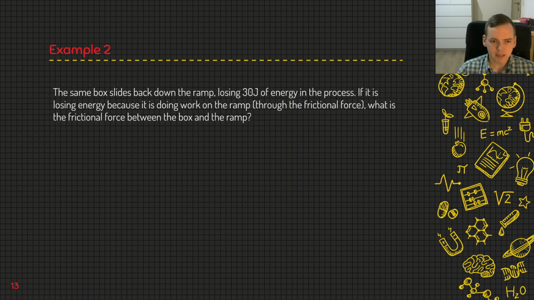The same box slides back down the ramp, losing 30 joules of energy in the process. If it's losing energy because it is doing work on the ramp through the frictional force, what is the frictional force between the box and the ramp? So now we have the box sliding down the ramp.